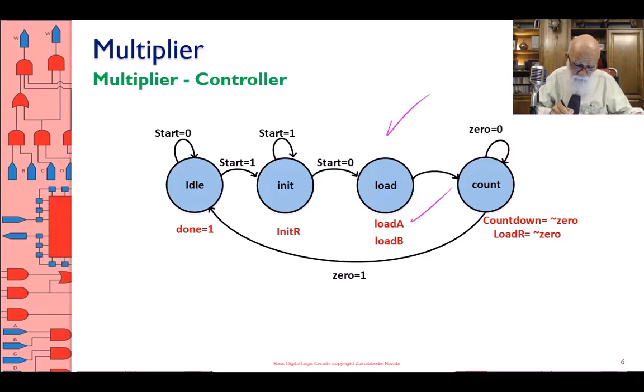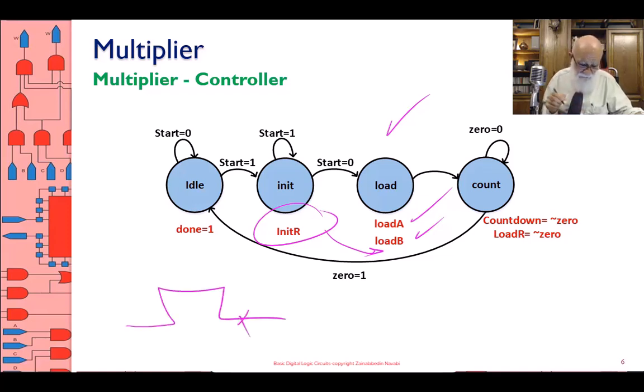The load state loads A, loads B. The initialization signal is a good place for initializing my registers. That's where I'm initializing the init R, the result register. Of course, I could do it over here as well. It doesn't matter. But with this procedure of having one complete positive pulse for the start, when the start becomes 0, you go to the load state, and in the load state, you issue the loads.